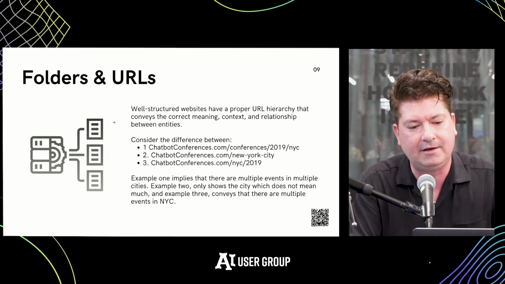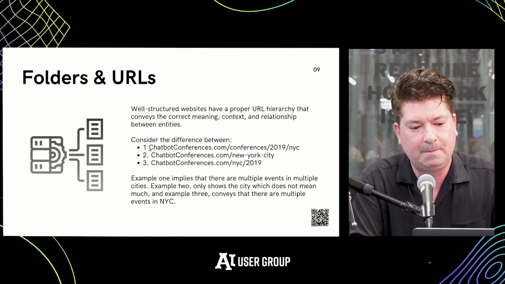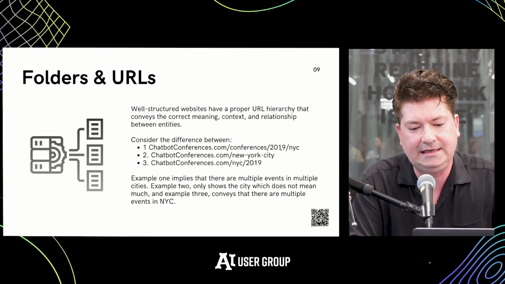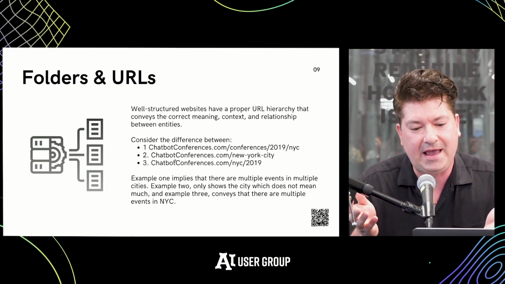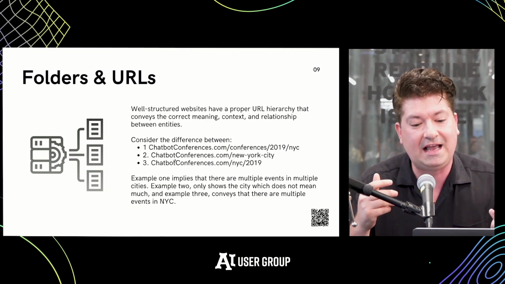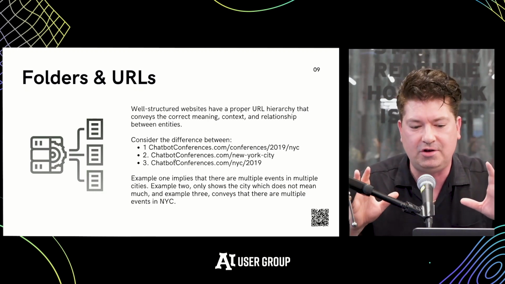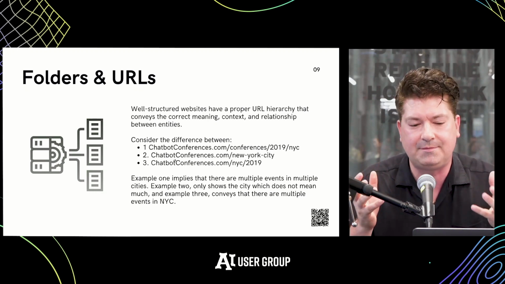So for example, if you look at these three examples with the Chatbot conference, the first one is chatbotconference.com/conferences/2019/NYC. The second one is chatbotconference.com/conferences/New York City. The third one is NYC 2019, right? If that's all the information you had, you could assume different things about this conference.